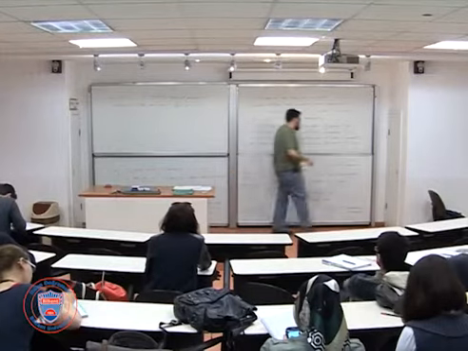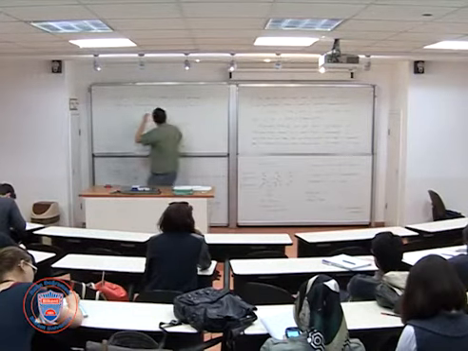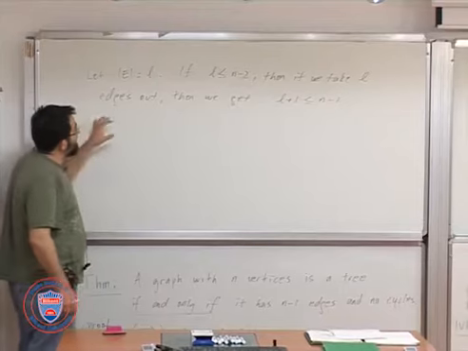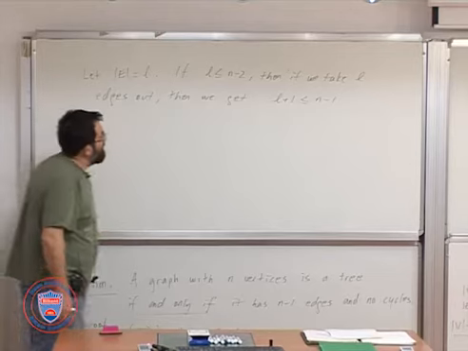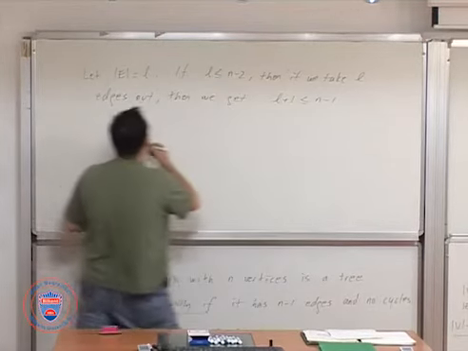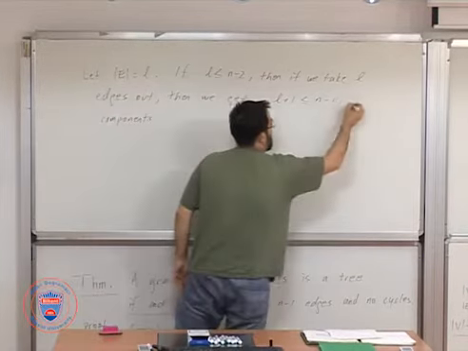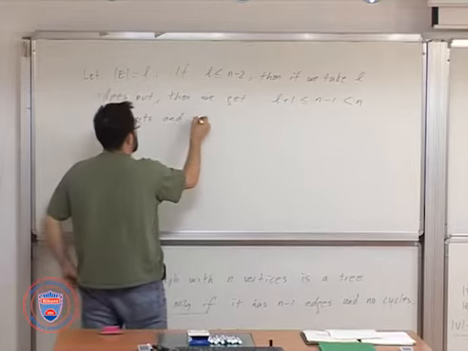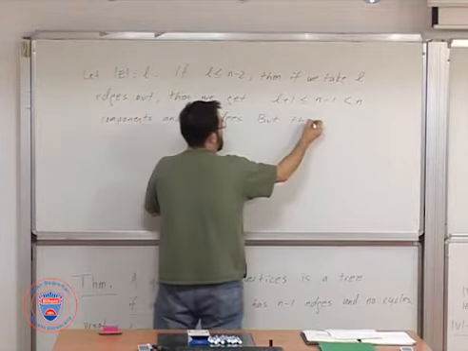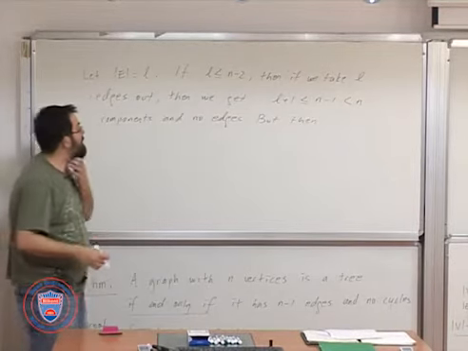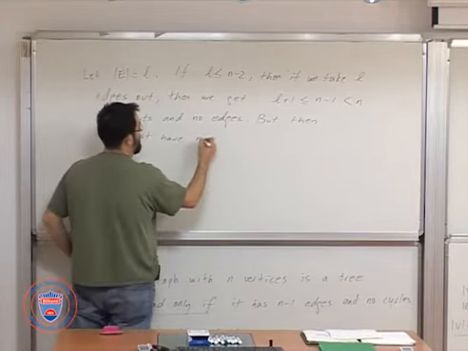I mean, this only tells you that L should be at least n minus 1, but the other direction is also clear. If it is much less, then if you take the L edges out, say you only have like 3 edges or something. If you take those out, you get this many components. So it's much less than n, and no edges. But then you only have n vertices and no edges. We must have n components.